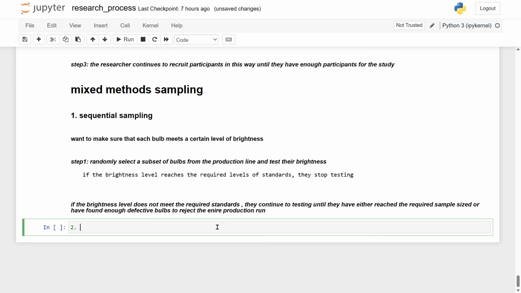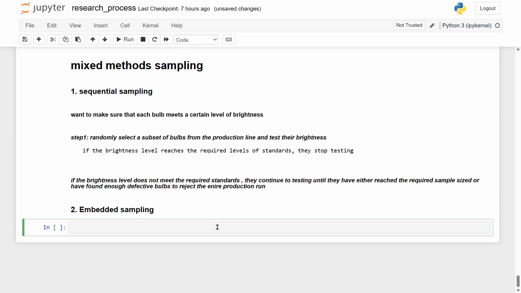So this one is embedded sampling. So suppose a researcher wants to study the behavior of students in a particular school.